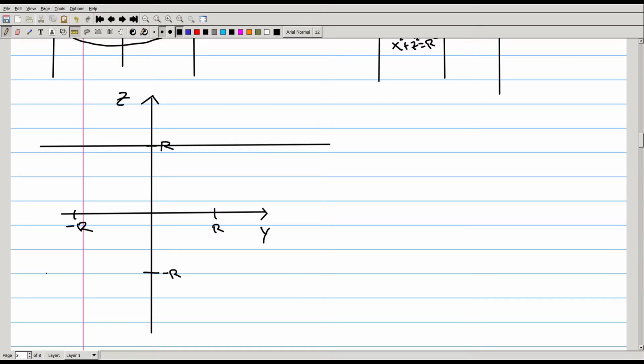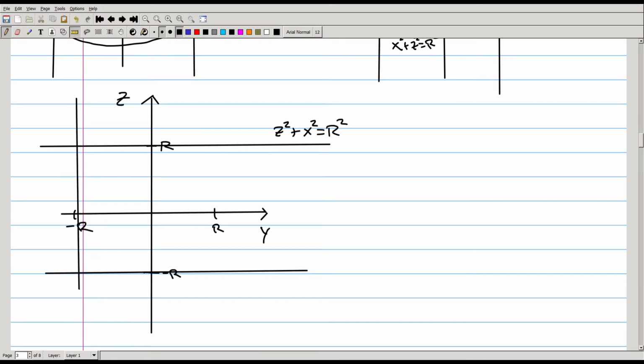Because the cylinder going along the y-axis is going to look like this. This cylinder corresponds to the cylinder z squared plus x squared is equal to r squared, going along the y-axis. And specifically at x equals 0, this will be z is positive r and negative r. Those are the two values.